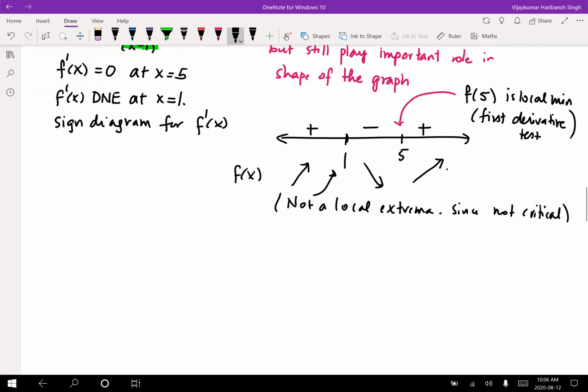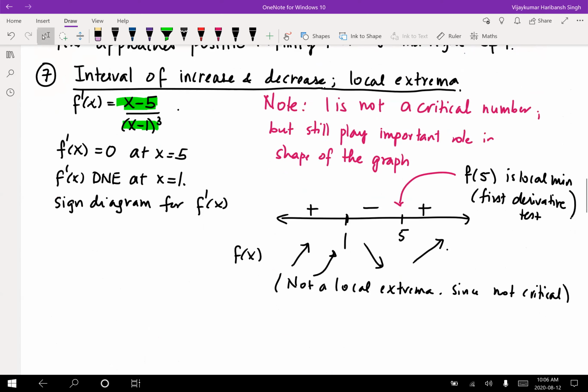Now, the next thing we want to discuss is the concavity, right? Where it's concave up, concavity, and inflection point. Yeah, so we should compute f of 5.